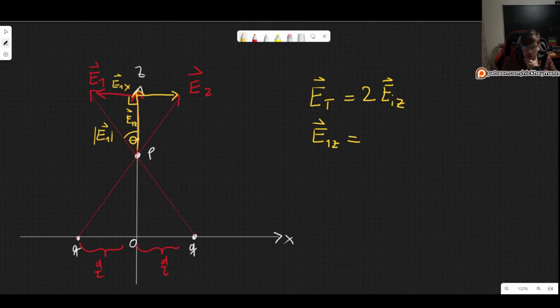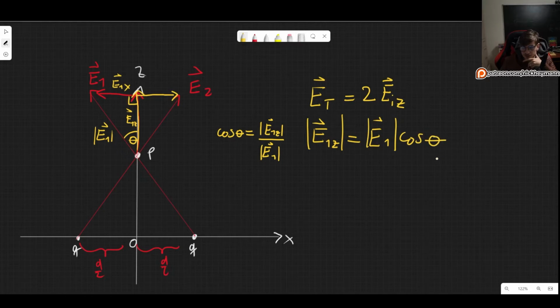We know that the cosine of theta is this side, the magnitude of E1z, divided by the hypotenuse, which is the magnitude of E1. Or if you turn this around and solve for it, the magnitude of E1z, which we already know goes in the z direction, is going to be E1, its magnitude, times the cosine of theta. All right, but what is the cosine of theta?